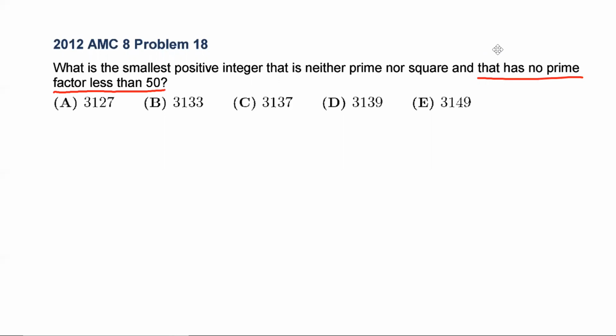So what are some prime numbers more than 50? Well, the smallest prime number more than 50 is 53. And since they're asking for the smallest one, you could be like, well, maybe I could square this number.